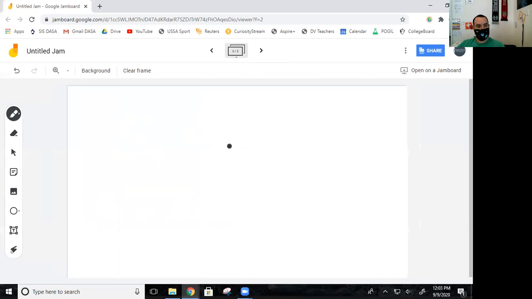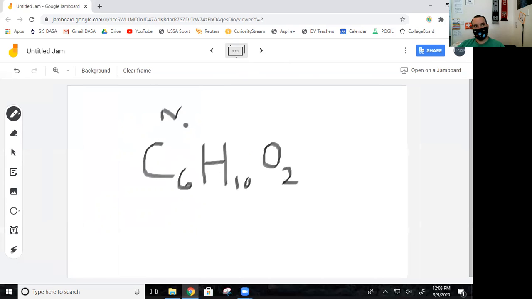So if I gave you a molecule, something like C6H10O2, and this is a molecular formula. Let's make that one a little bit longer so it's even. What is my empirical going to be?